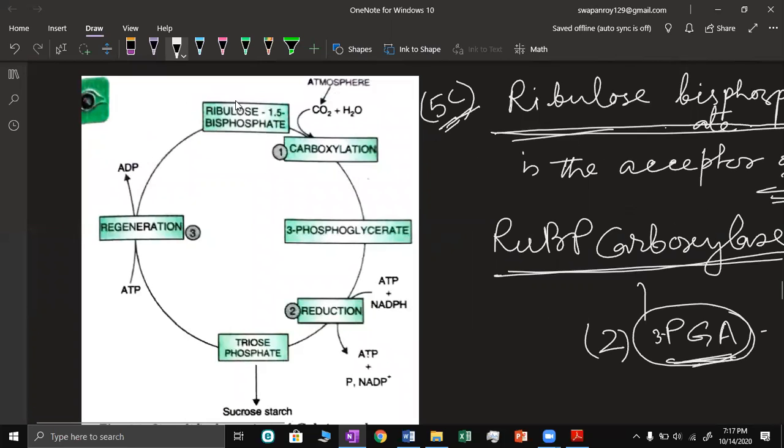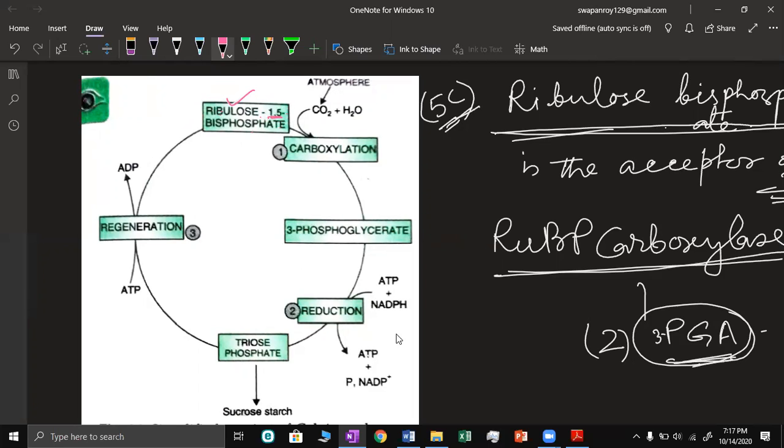Here you can see this is ribulose 1,5 bisphosphate. If you can't remember, don't write this 1,5. 1,5 means that the phosphate groups in the ribulose are attached to the first carbon and fifth carbon. That's why it is 1,5.